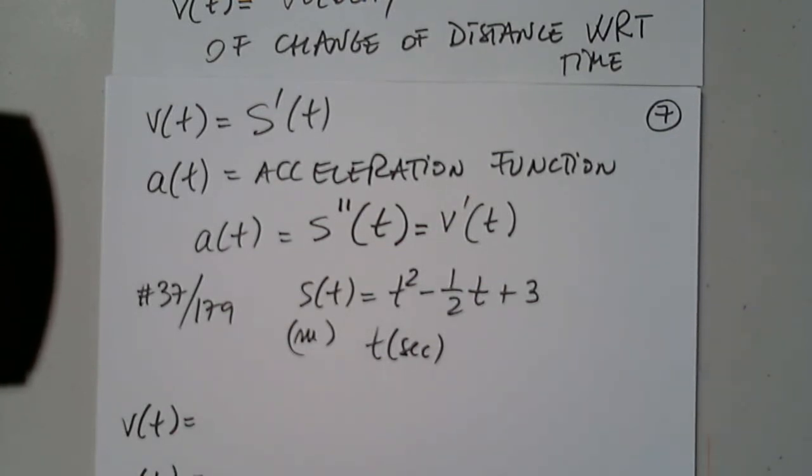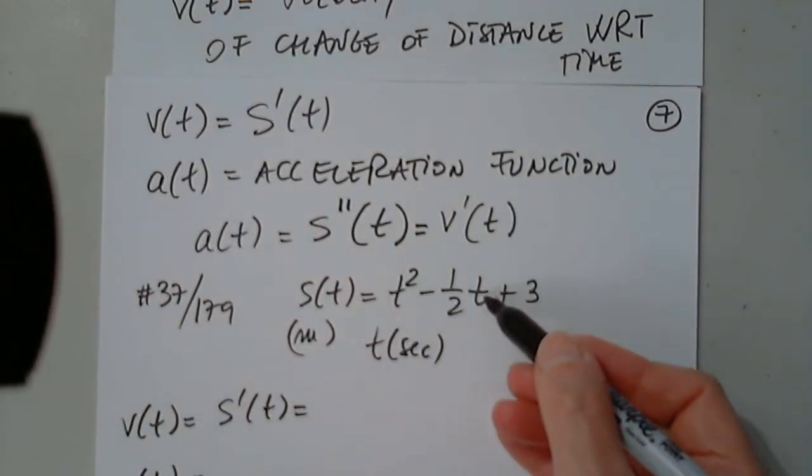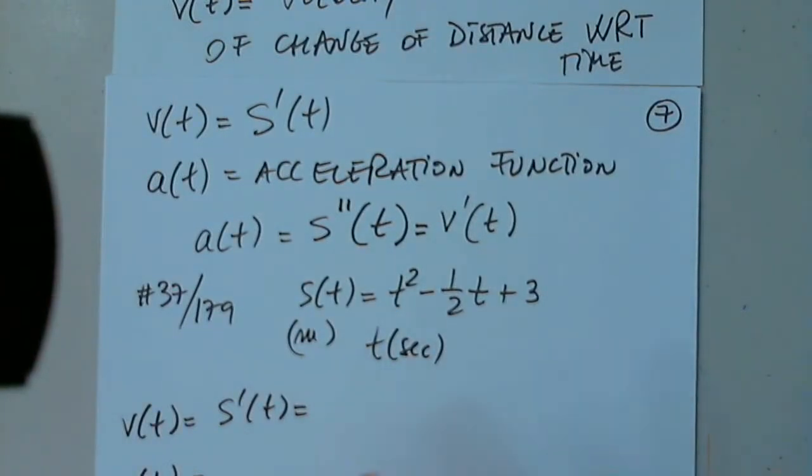Can anyone tell us what velocity equals? S prime of t. Very good. Can anyone give us the derivative of this function so I can put it here? Two t minus 1/2.